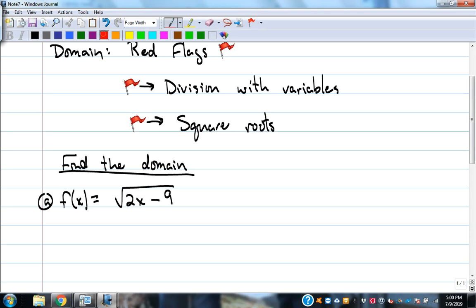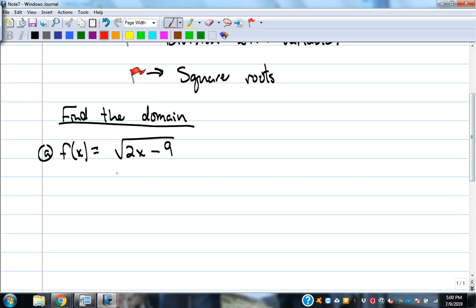So what we did with that in 100 was we took the stuff that's underneath the square root. Anything else that's in the problem, if there were a +6 out here and maybe a 4 out here, those would have absolutely nothing to do with finding the domain. You only take the stuff that is underneath the square root, and you set it greater than or equal to 0 to find the domain.